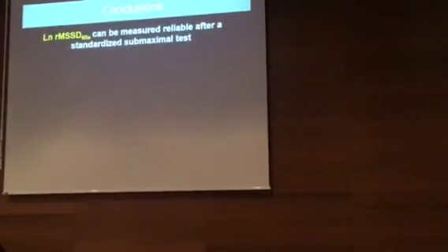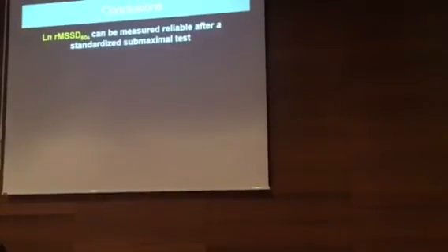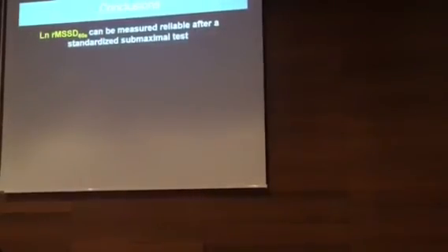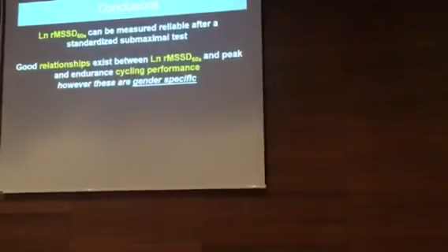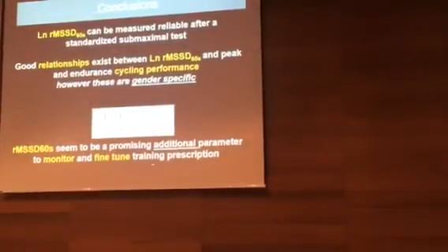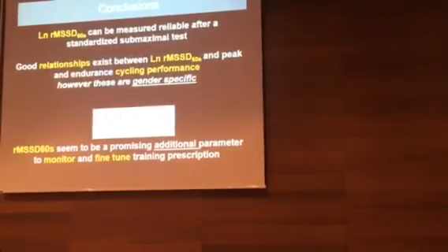One of the things we can draw from this study is that we can actually measure log transformed RMSSD after a standardized submaximal test, and I think the design of this might have added to the reliability of the data as well. We know there are good relationships between RMSSD and cycling performance, however, they're gender specific, and RMSSD seems to be a promising additional parameter for monitoring and fine-tuning training in cyclists.